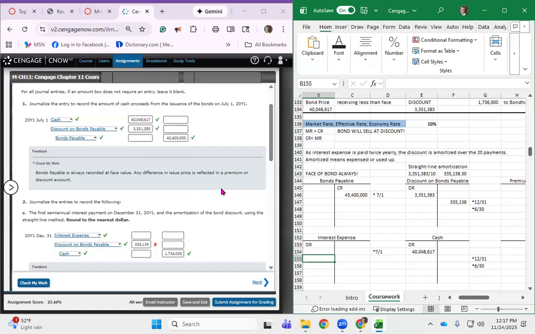We got 335,138. I just don't know why it's not doing that. Okay, well, and you all are getting that as a wrong answer when you divide it by the number of payments.